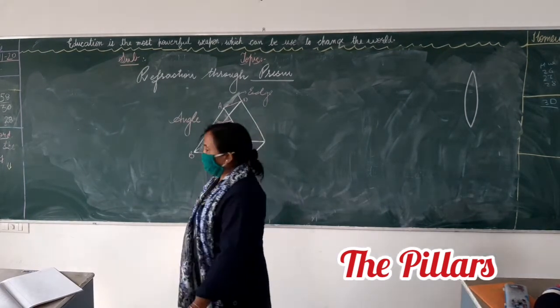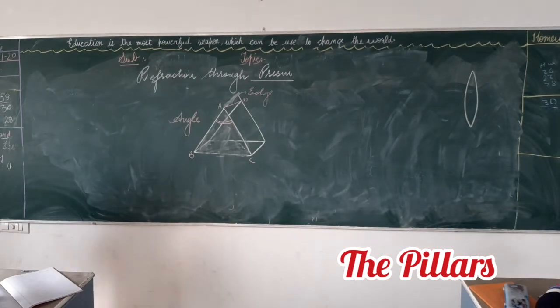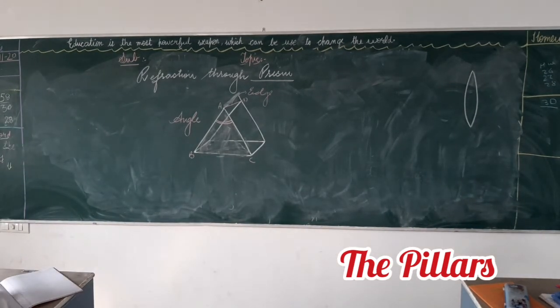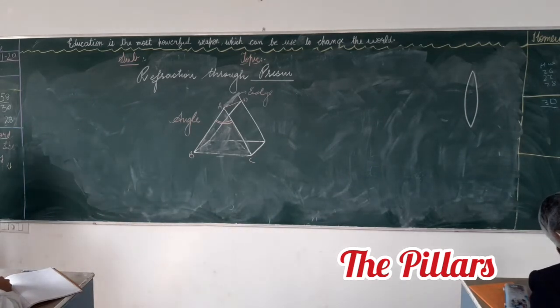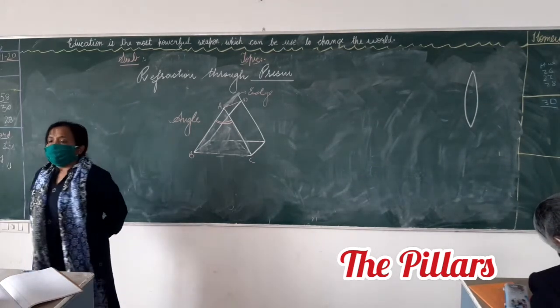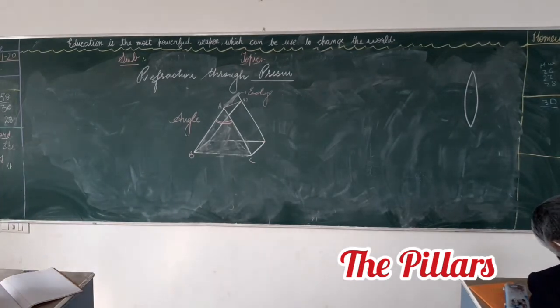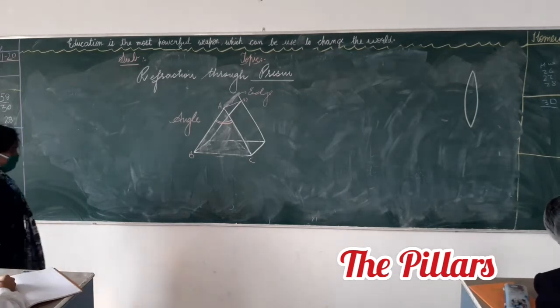A prism is a transparent bounded medium which has 3 plane surfaces.